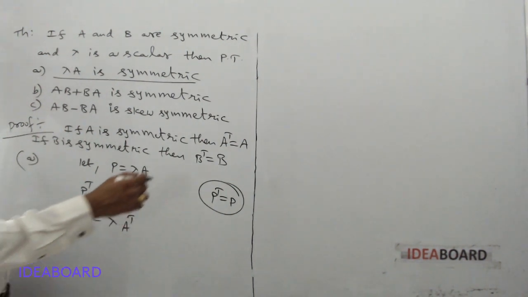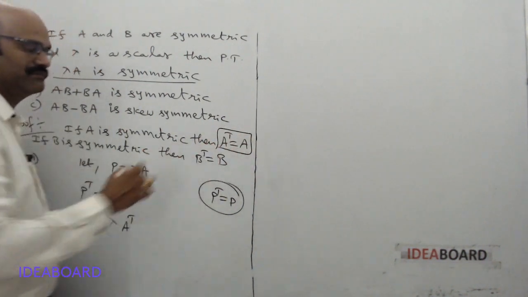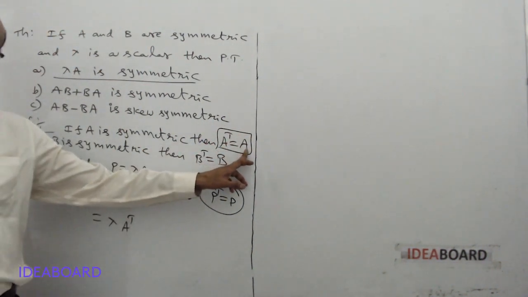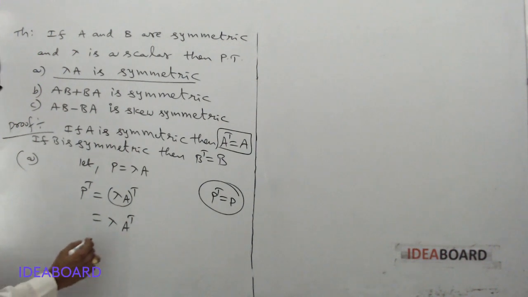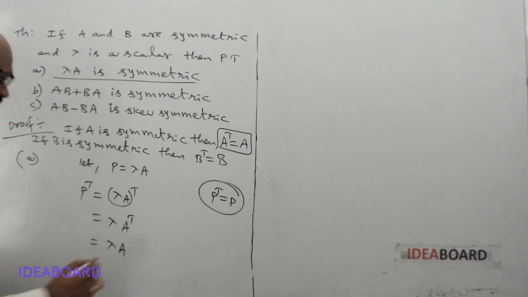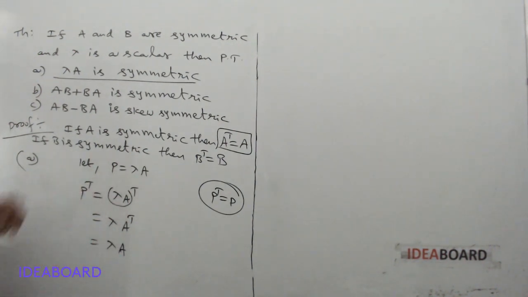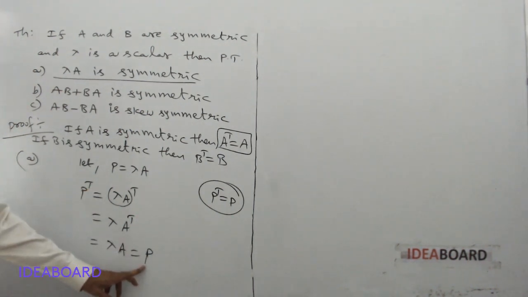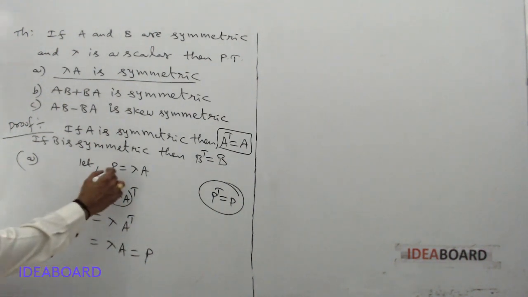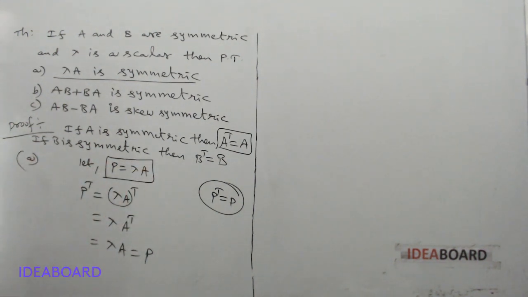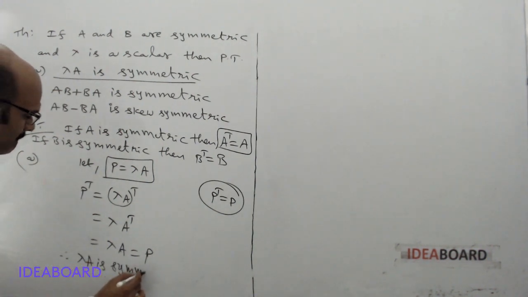But we have A transpose equal to A. Since A transpose equal to A, we take it as lambda into A. But lambda into A equal to P. So we are getting P transpose equal to P. Since P transpose equal to P, we say that P is a symmetric matrix. Therefore, lambda A is symmetric.